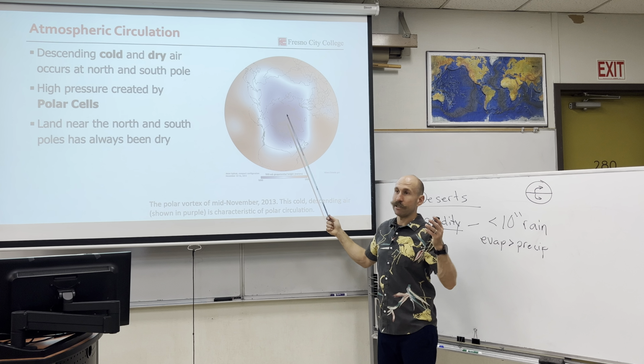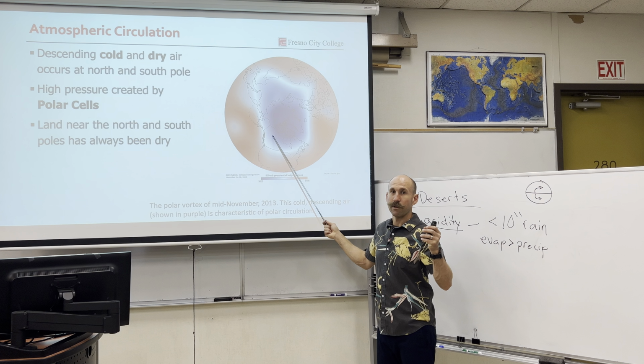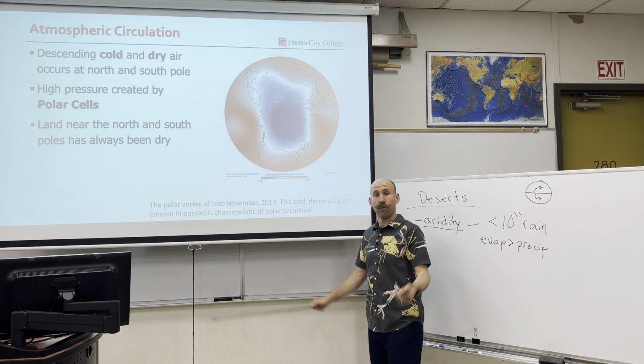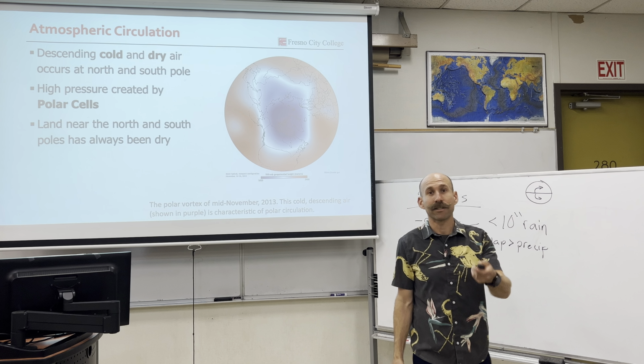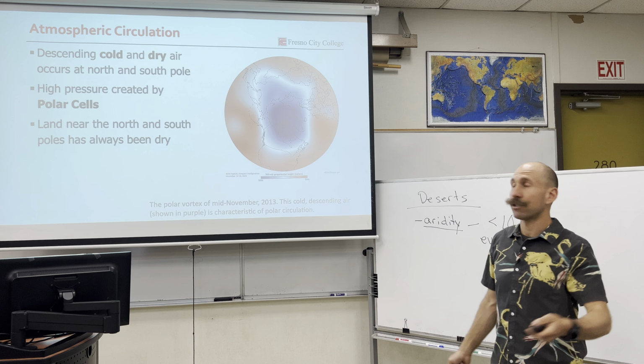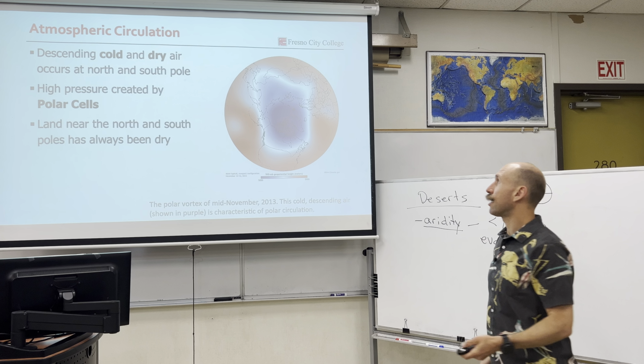So it does snow at the poles, but it's cold and it's dry, so that snow does not melt. It persists, which is important because it helps us have the ice record that we use for understanding paleoclimate.